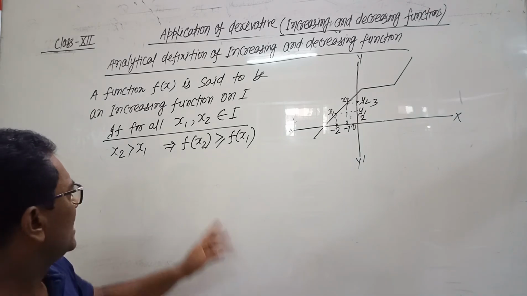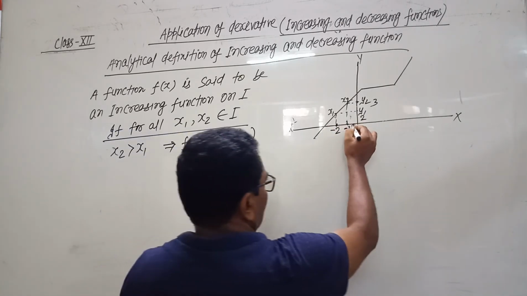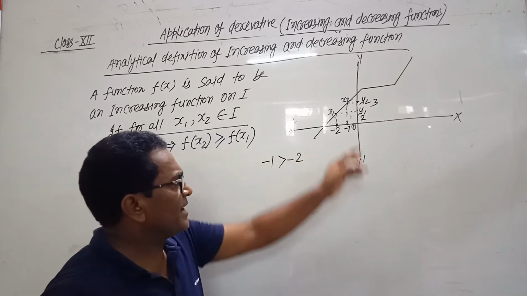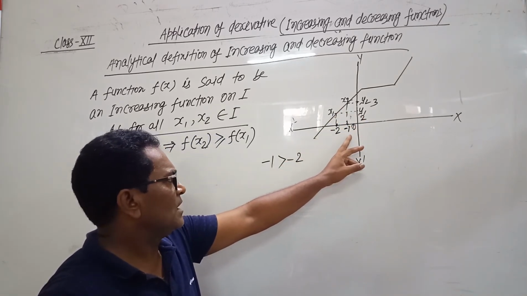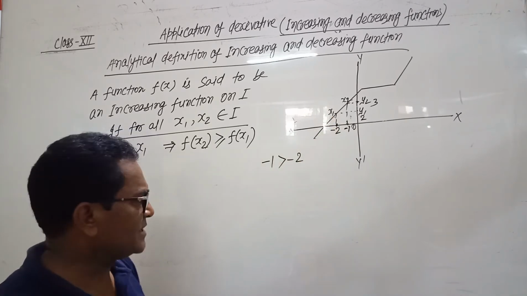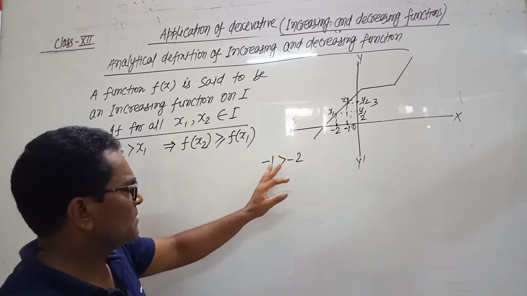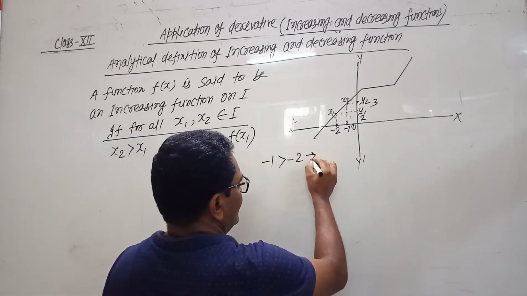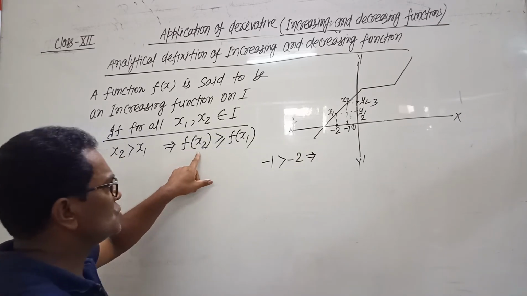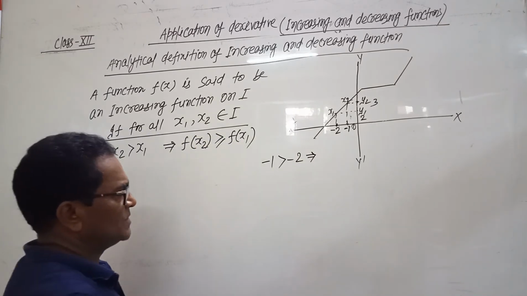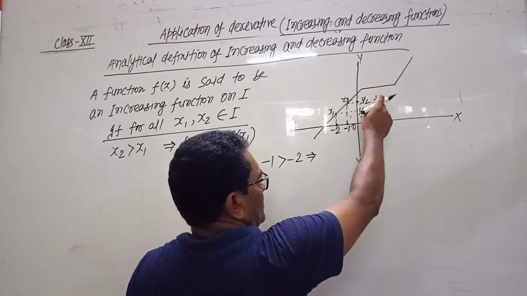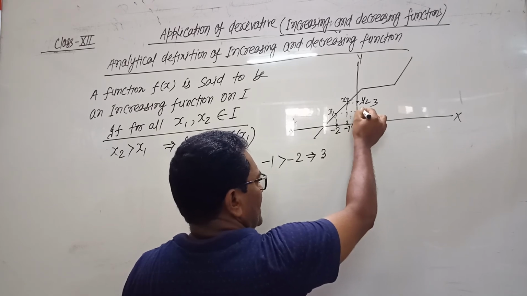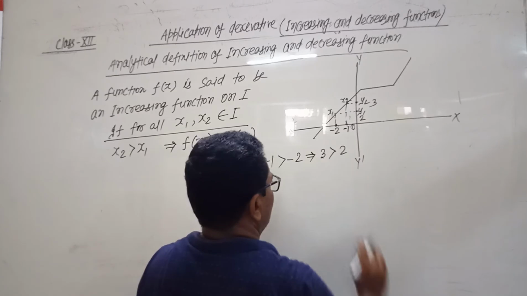So if x2 is greater than x1, means -1 is greater than -2, then this implies f(x2) is greater than or equal to f(x1). So here f(x2) means y2, which is 3, and f(x1) means y1, so 3 is greater than 2.